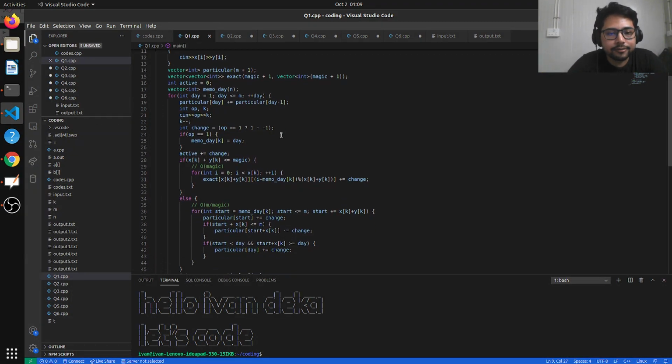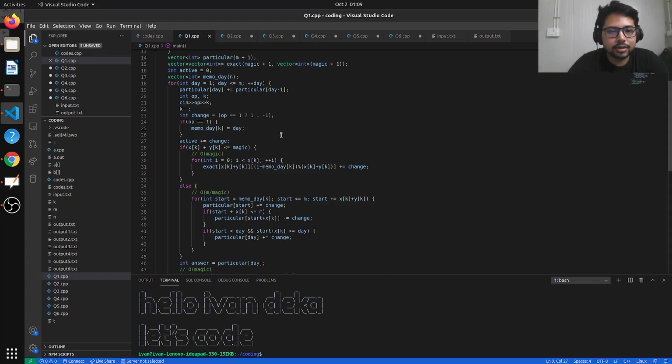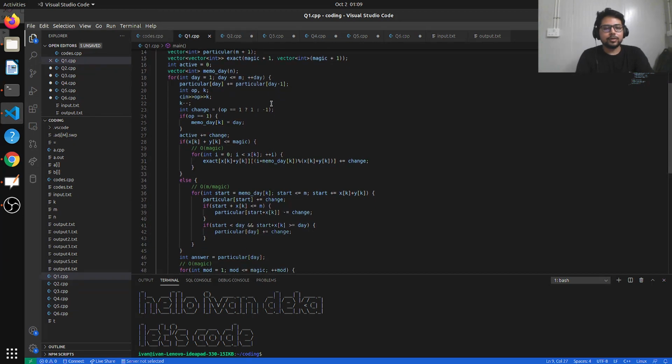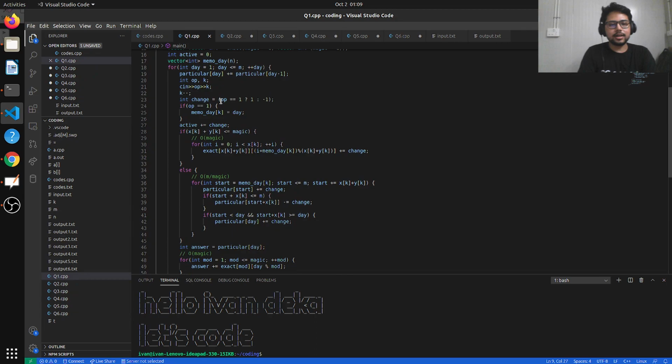And then we have a vector memo day, which keeps track of the starting day on which the ith train entered the department. Okay, so we have a for loop for day, in which day goes from 1 to m.